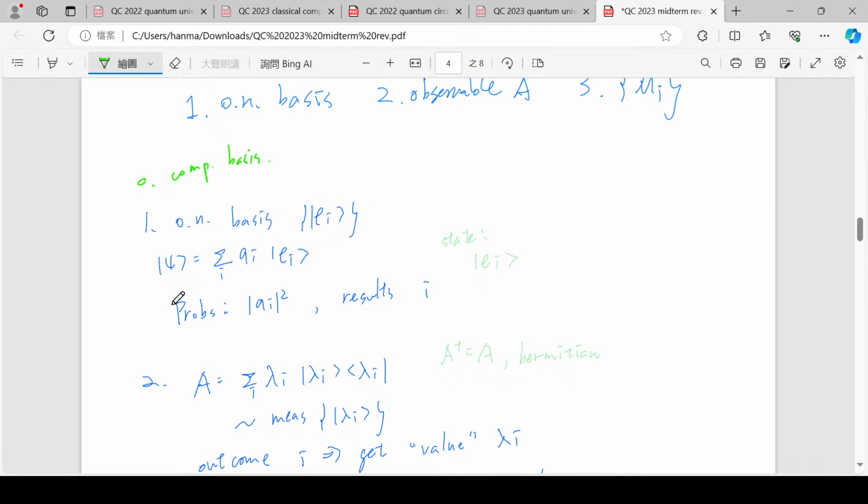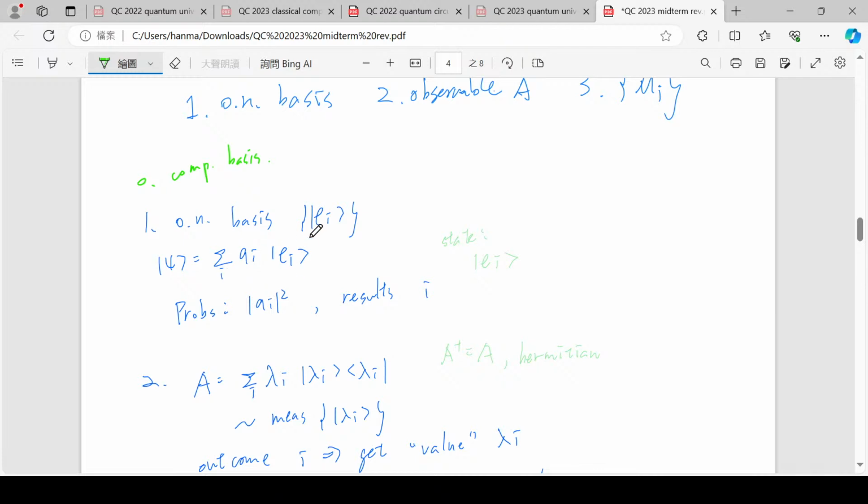So you measure your pure state on an orthonormal basis e_i. Since it is a basis, you can write your state as a unique linear combination of your basis elements.